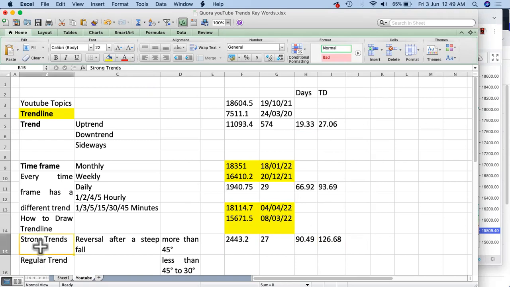So now you get an understanding of a strong trend, how it is there and how we need to calculate that. So on an average, say 19 points per calendar day or 27 points per trading day, if we consider this as 45 degrees, which is half of 90, right?